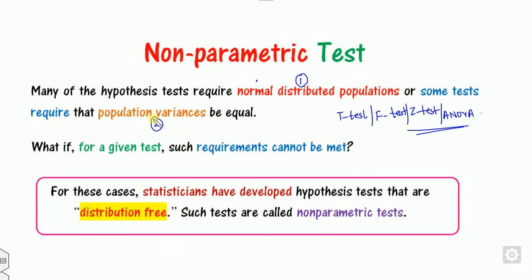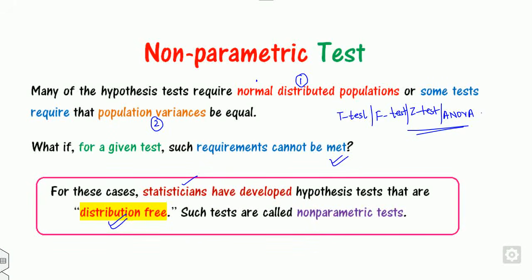But what will happen if such requirements cannot be met? It means the population may or may not be normally distributed. To handle this, statisticians have developed hypothesis testing that is called distribution free, and such tests are called non-parametric tests.